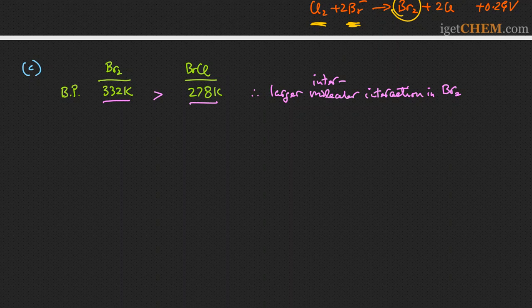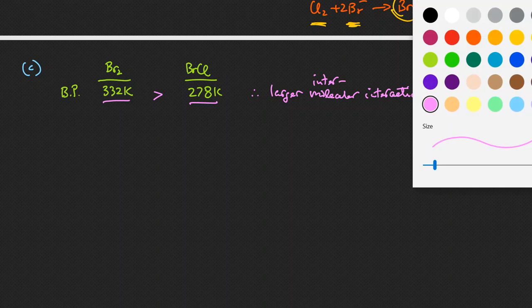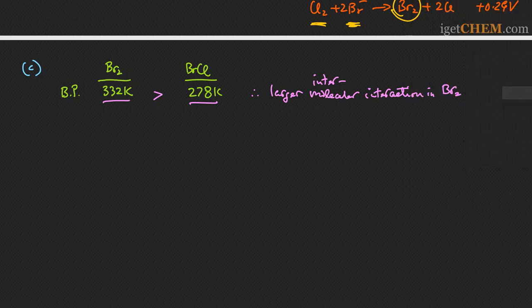Well, both of these are, according to the reaction, liquid, so at a high enough temperature, they will vaporize into gas phase molecules. To vaporize into the gas phase, you have to break the intermolecular interaction between the individual molecules.